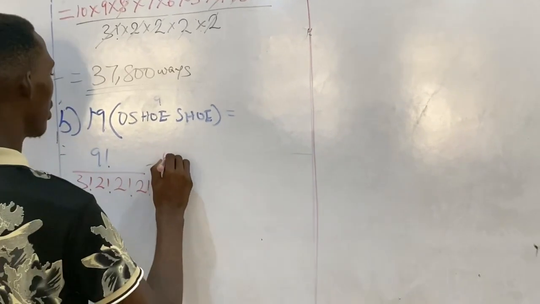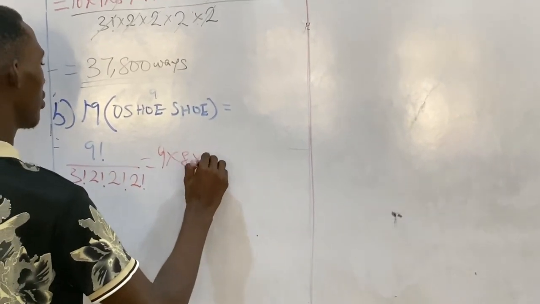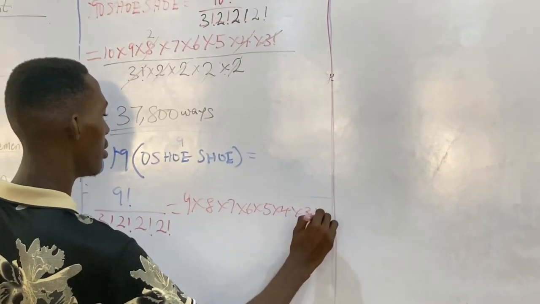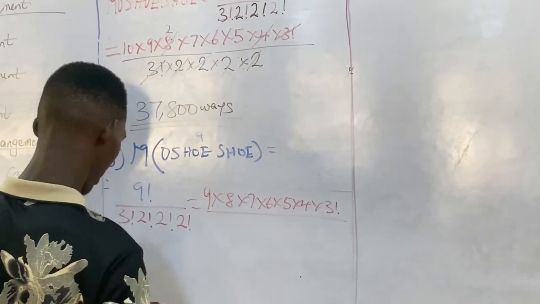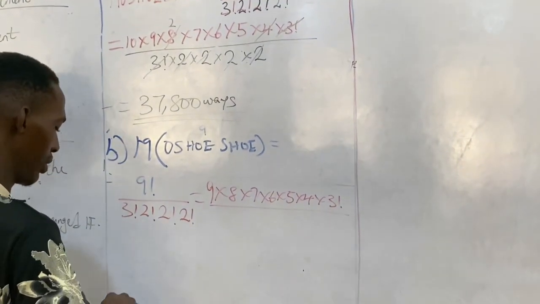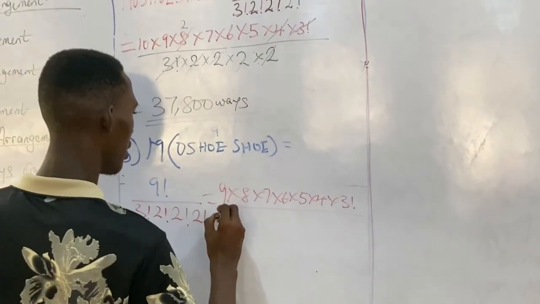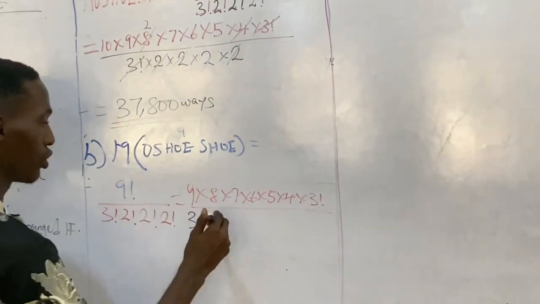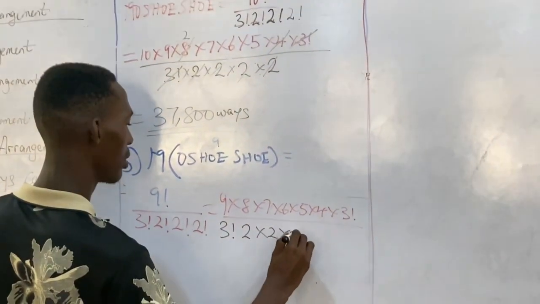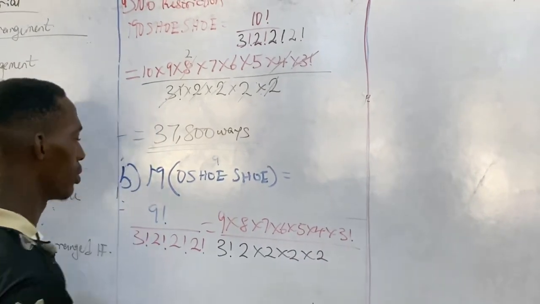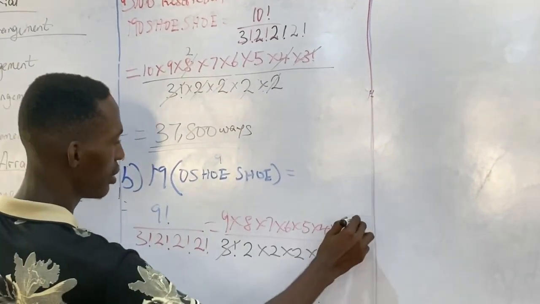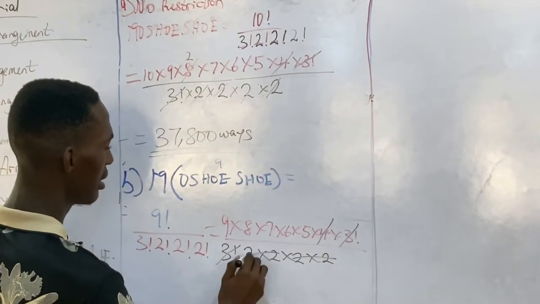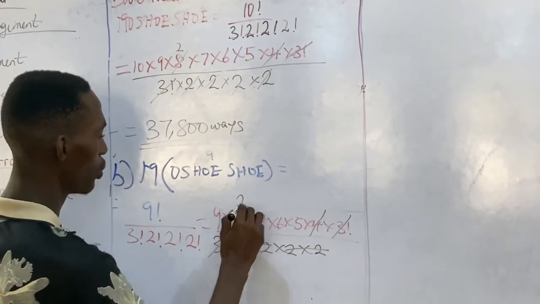Now you can break this down to 9 times 8 times 7 times 6 times 5 times 4 times 3 factorial, and then you divide by 3 factorial. Like I said, 2 factorial still gives us 2. You should calculate it yourself: times 2 times 2 times 2. So this 3 factorial will cancel this 3 factorial. This 2 here will cancel this 4, and this here is 4, which gives us 2.